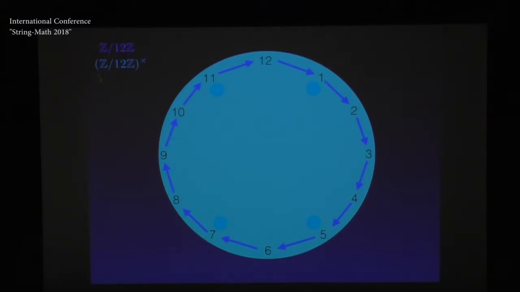And if I take 5 and I multiply by 5, 1 goes to 5, 5 goes to 1, 11 times 5 is 55, which is 7 mod 12. Similarly, multiplying by 7 exchanges the elements of the group of units like that, and multiplying by 11 does that. So this shows you that the group of units is Z2 times Z2.